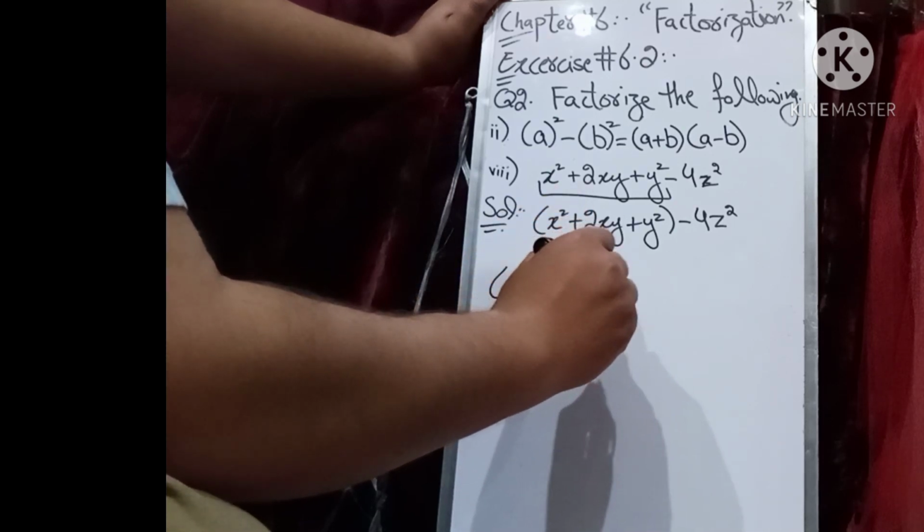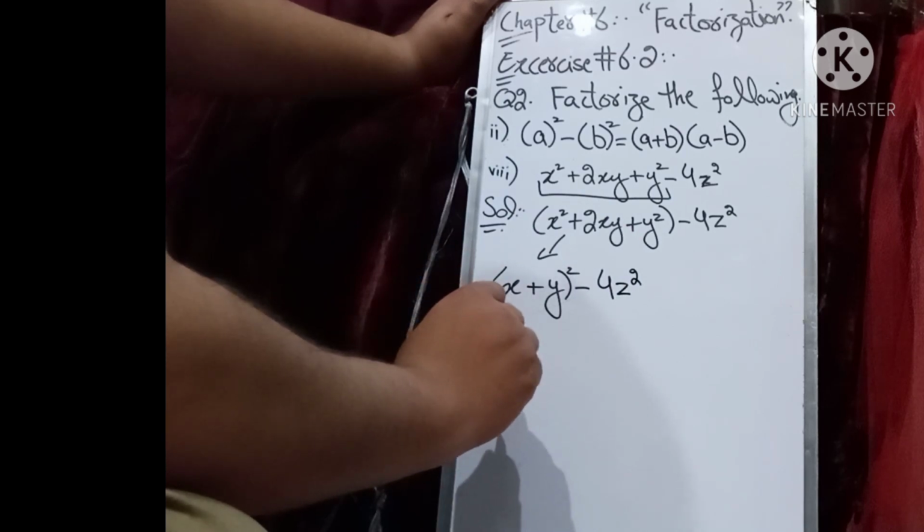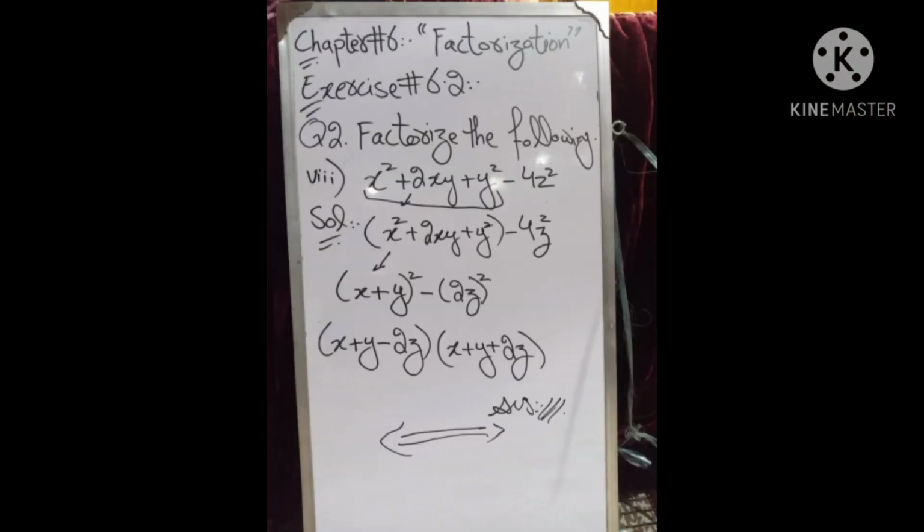So we write x plus y whole square instead of x square plus 2xy plus y square and minus 4z square. So this again becomes in the form of a square minus b square. So you will write two factors, one in the form of plus and the second in the form of minus. So we have two factors. This is our required answer.